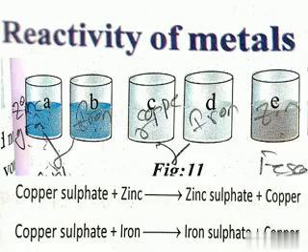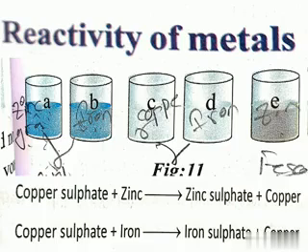Dissolve a spatula full of copper sulfate in beakers A and B. Next, dissolve a spatula full of zinc sulfate, iron sulfate and zinc sulfate in beakers C, D and E. That means in beaker C dissolve zinc sulfate, in beaker D dissolve iron sulfate, and in beaker E dissolve zinc sulfate again.